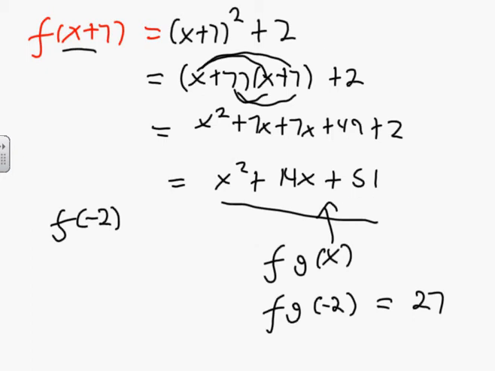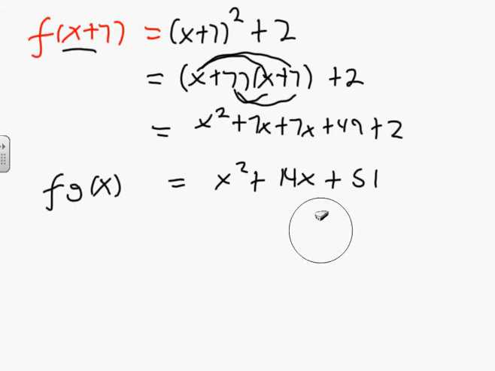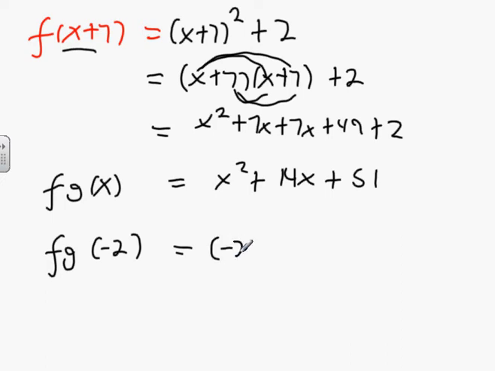I should get 27 as my answer, okay, because it's the same thing. So let's see if that actually happens. So this answer here is f g of x. Let's replace it with minus 2 and see if we get 27. So we're going to now do f g of minus 2 all in one go. Instead of working out one of them and inserting the answer into the second one, we're going to do it all in one go and see if it works out.